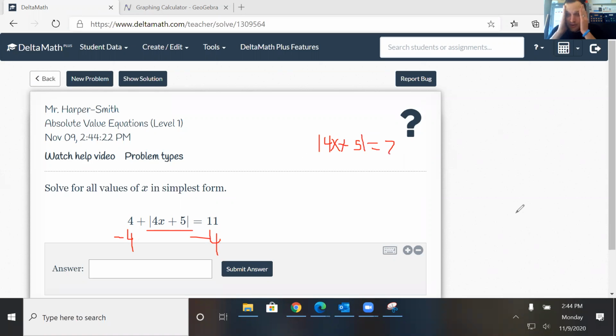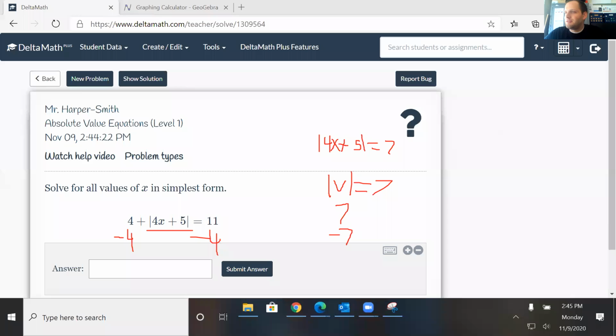Now, if we think about how these absolute values work, if we have, let's say, the absolute value of v equals 7, what numbers could v equal? Well, v could be 7, or it could be negative 7. Those are the two values that v could be.